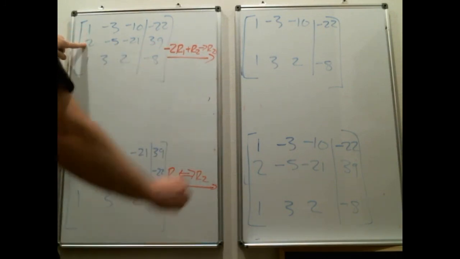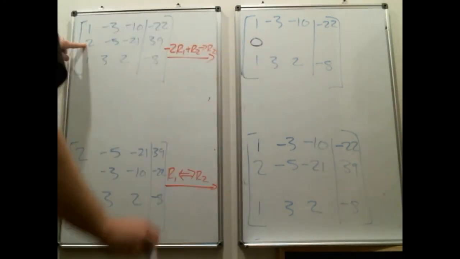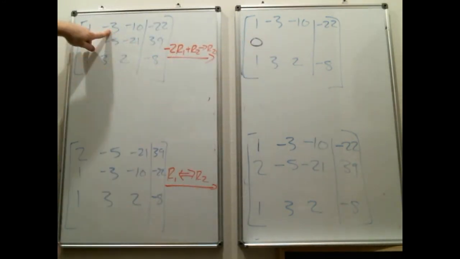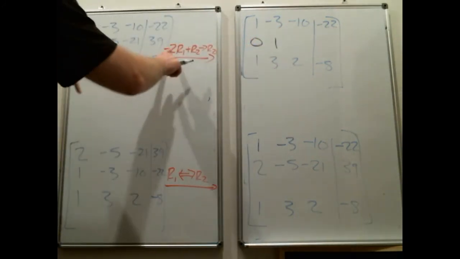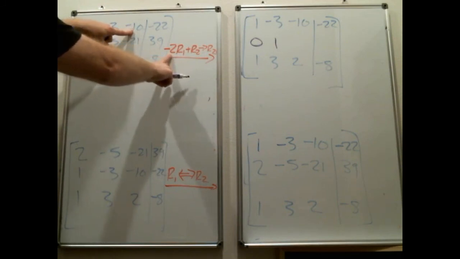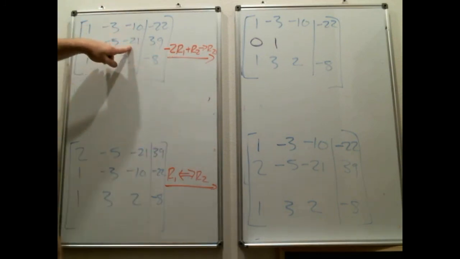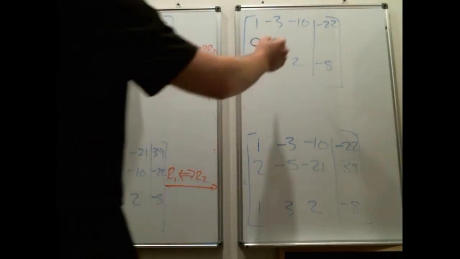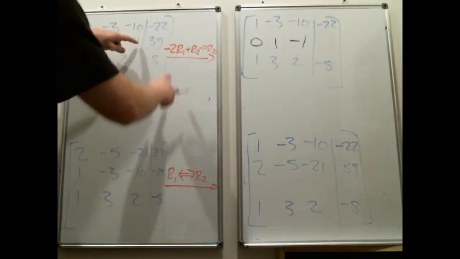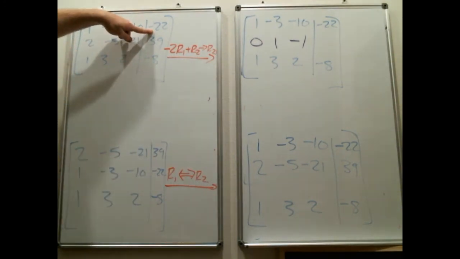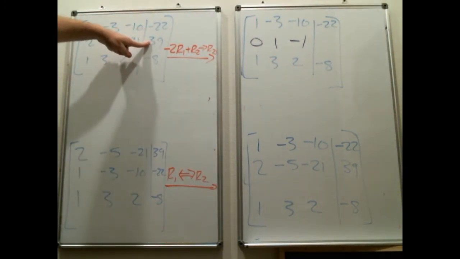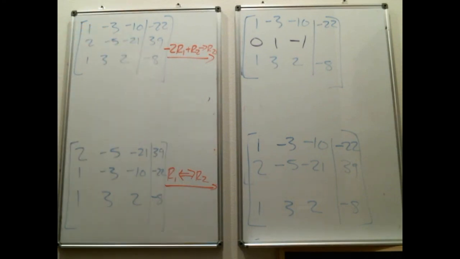Negative 2 plus 2 is 0. Negative 2 times negative 3 is positive 6. Positive 6 plus negative 5 is 1. Negative 2 times negative 10 is positive 20. Positive 20 plus negative 21 is negative 1. Negative 2 times negative 22 is positive 44. Positive 44 plus 39. I think I did something wrong.